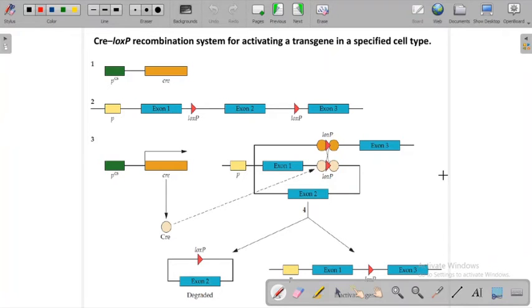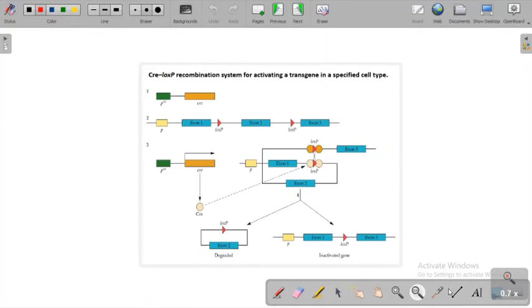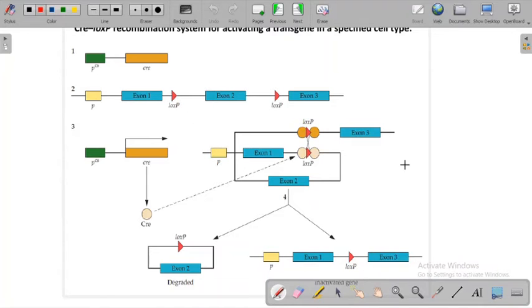So there is another recombination system, which we call activating the transgene. What are we activating basically? Now see, suppose there is a termination sequence.